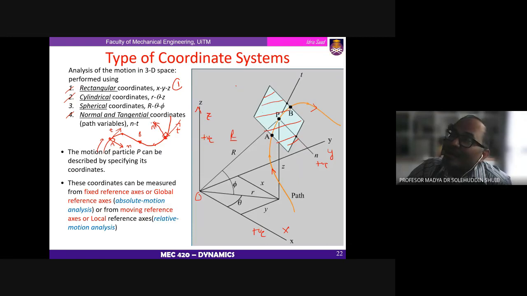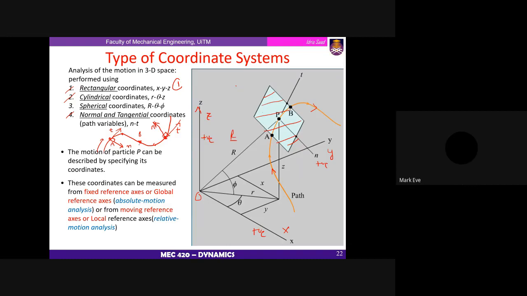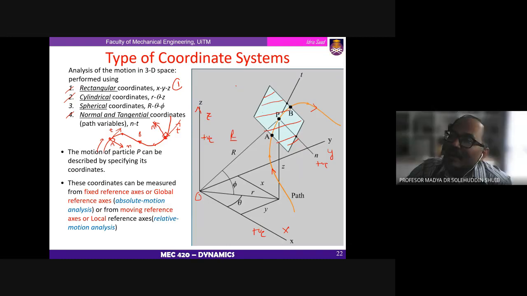Tangent is to the right, and normal is perpendicular to the path, at 90 degrees. So tangential and normal directions keep changing along the path. This is what I would like to highlight about the normal and tangential coordinate system.